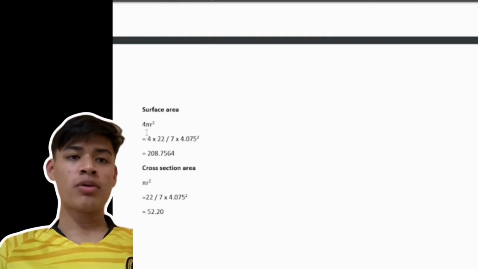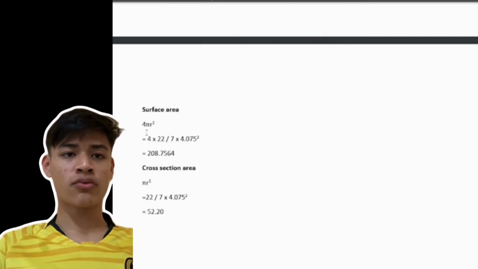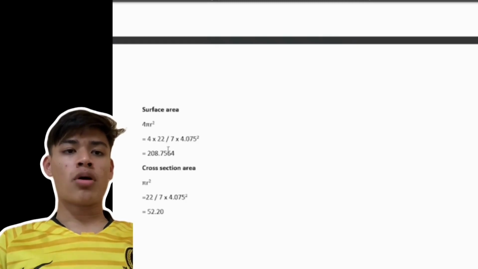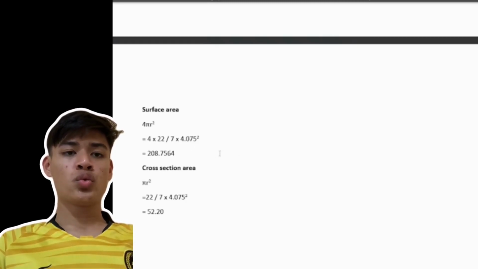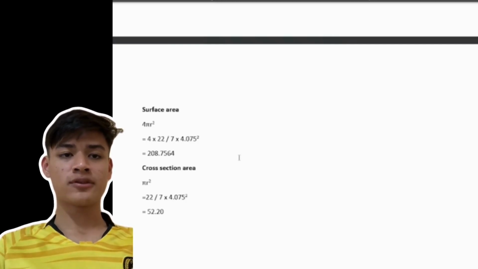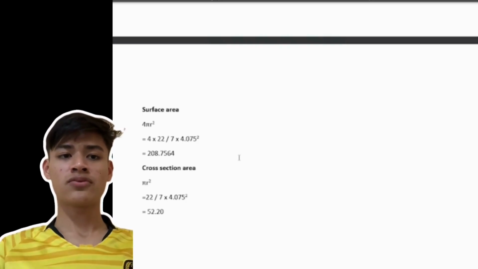So we move to the surface area. The formula of the surface area is 4 pi r squared, equal to 4 times 22 over 7 times 4.075 squared, and we got 208.7564.